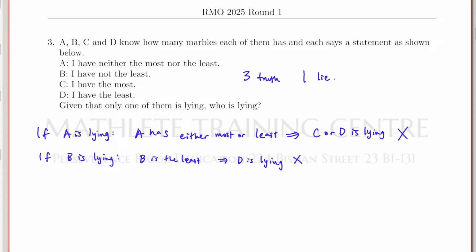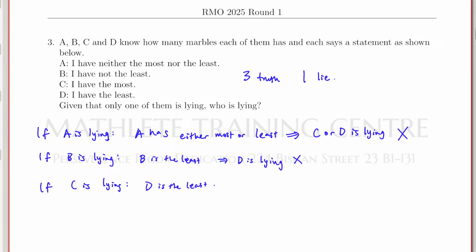Okay. What happens if C is lying? If C is lying, then we know, in this case, C is not the most, but D has the least, right? D is the least.